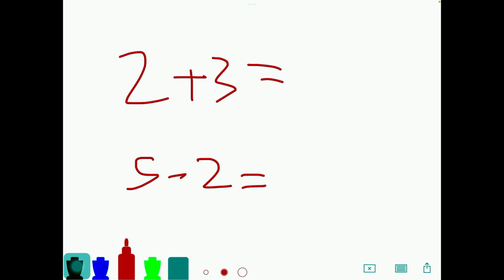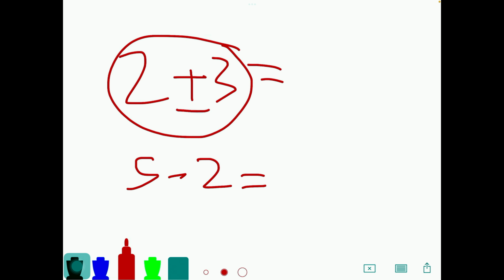These two questions seem to have just one sign. This one just has one symbol, which is addition, and this one only has one symbol, which is subtraction.